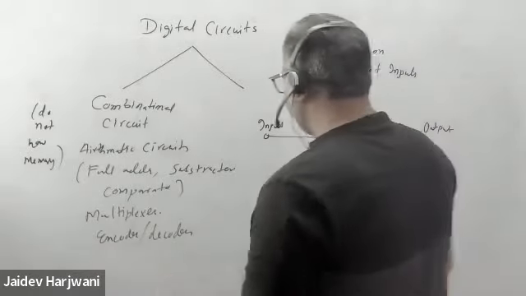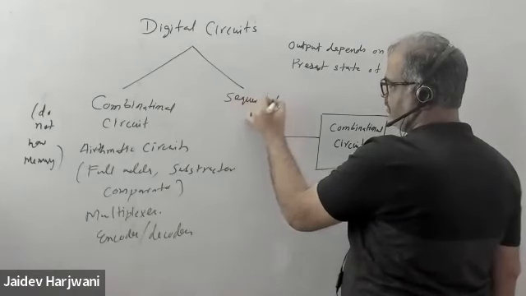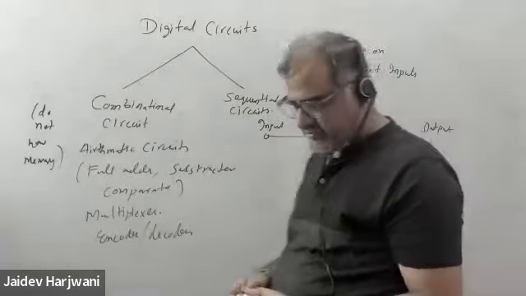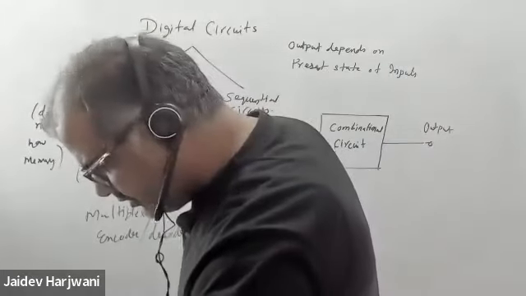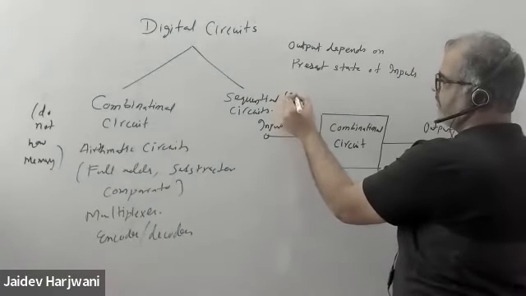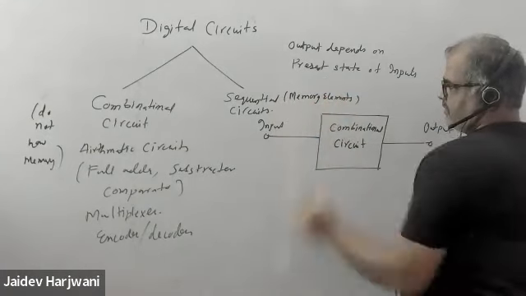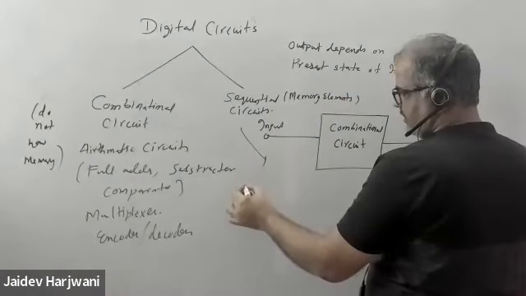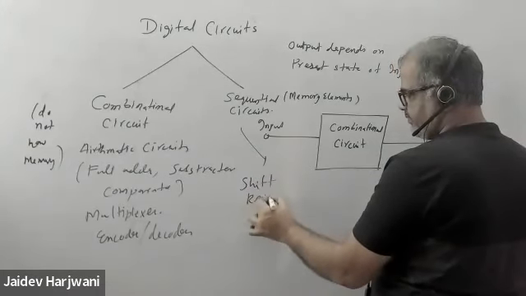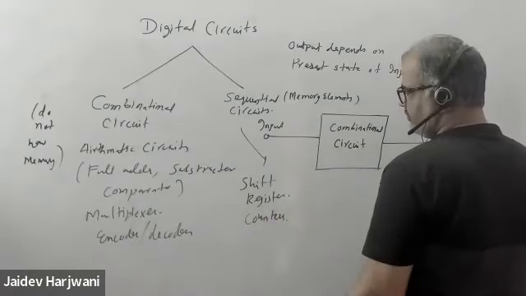Now, the second part is sequential circuits. What is the difference? In a sequential circuit you have memory elements. Examples of sequential circuits are your shift registers and counters, which we are going to do now.